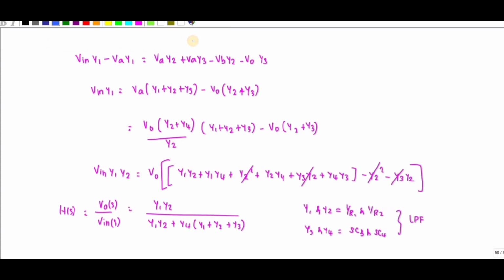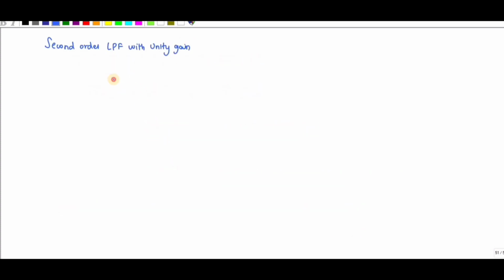So, second order low pass filter with unity gain. So I can substitute here.